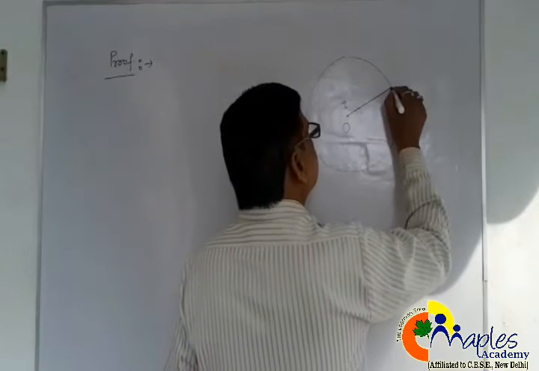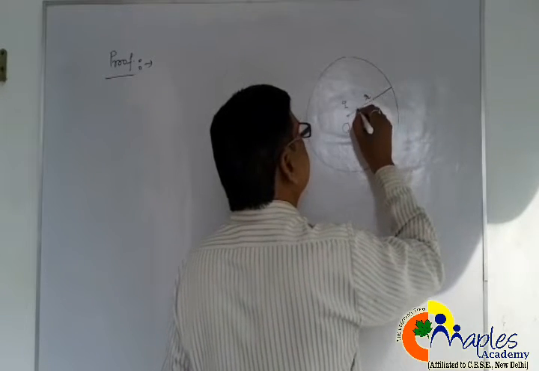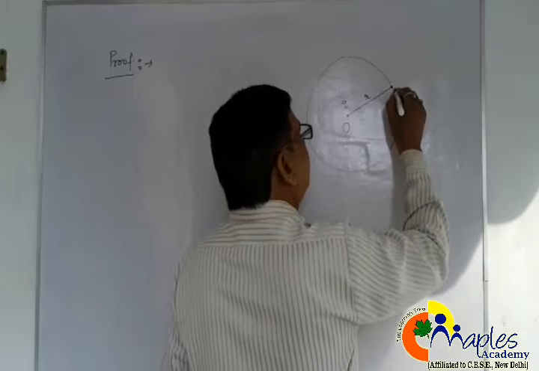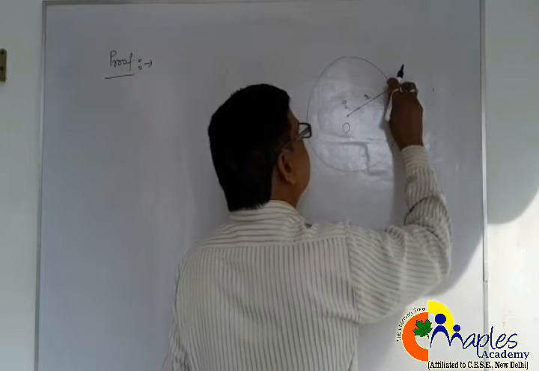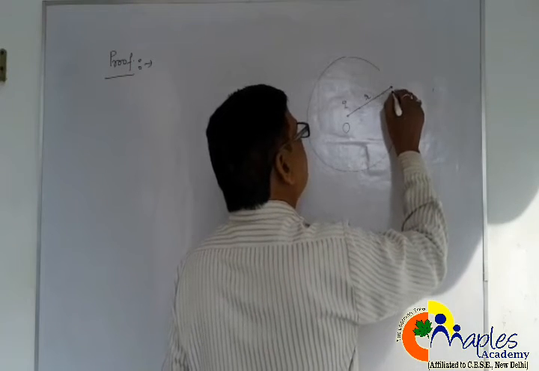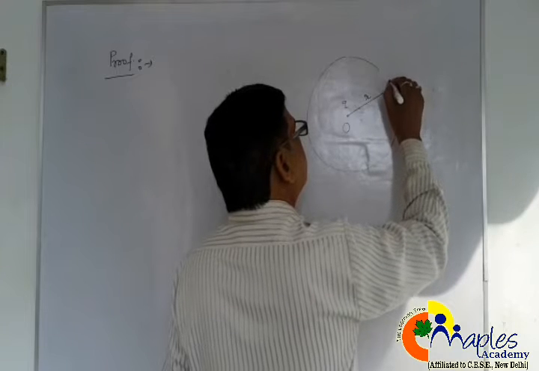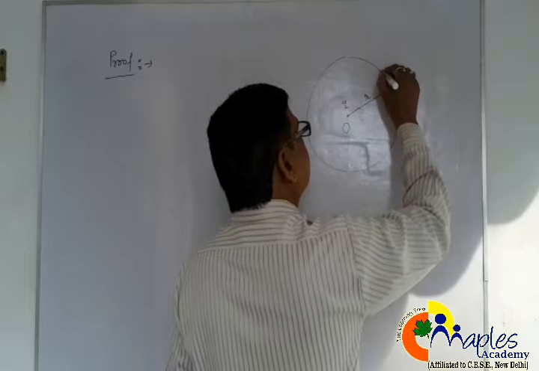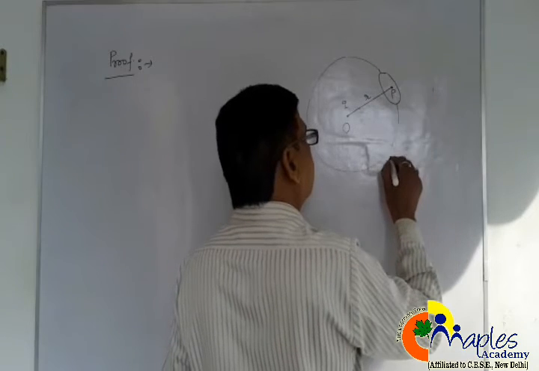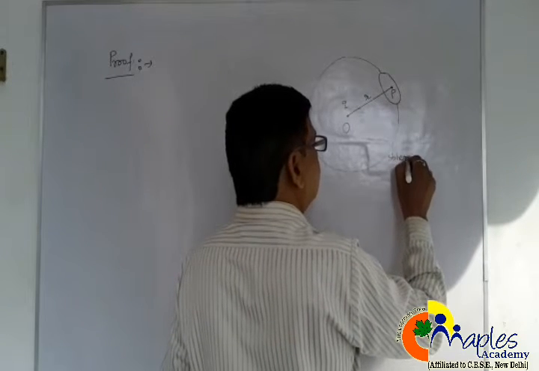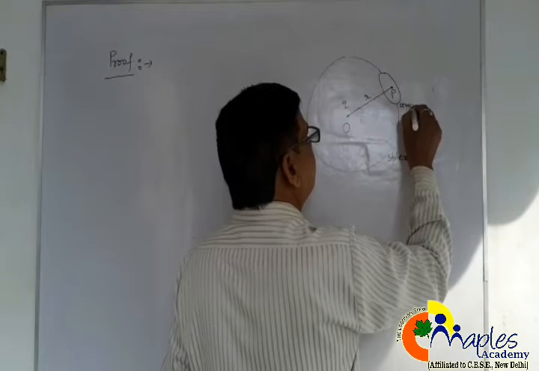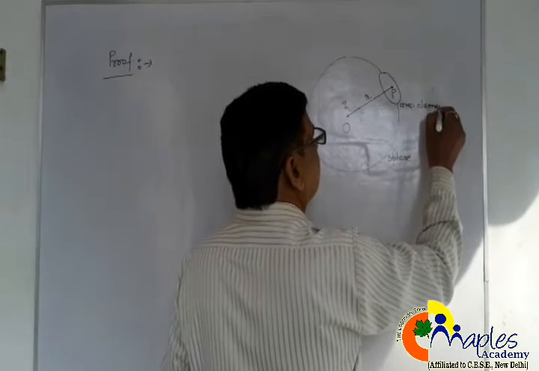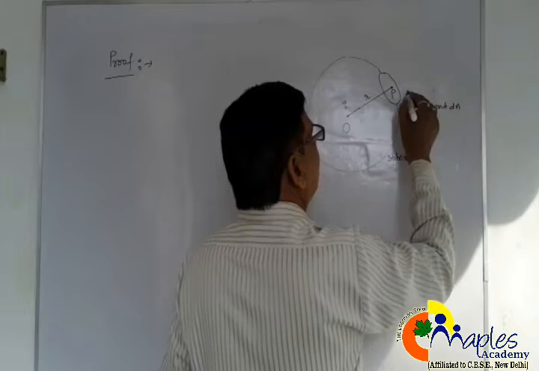Radius is R. Here is a point P on the surface of the sphere around which there is a small area element dA.